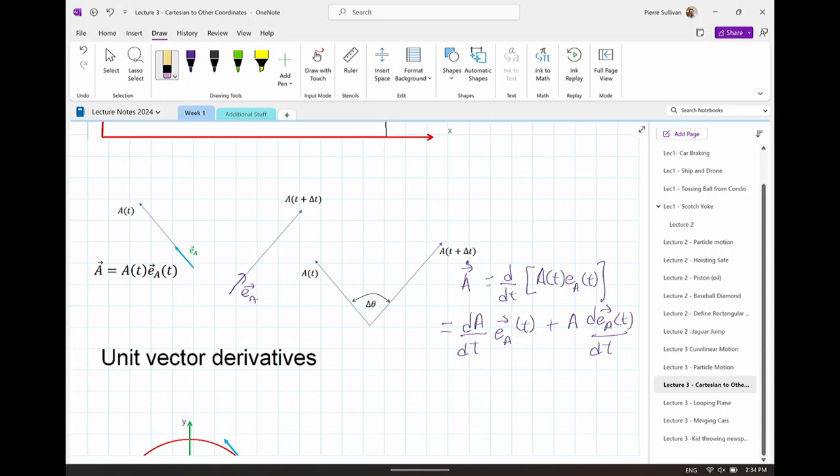I take the derivative of a with respect to time and the derivative of the unit vector e sub a with respect to time right here. So I have both of those, and I have to deal with them in the chain rule. And my expression now becomes a-dot e sub a plus a e sub a-dot, as a function of time. And that's where my headache starts.